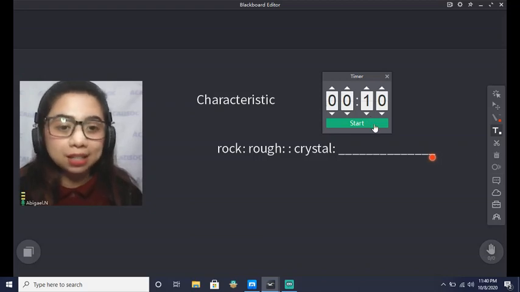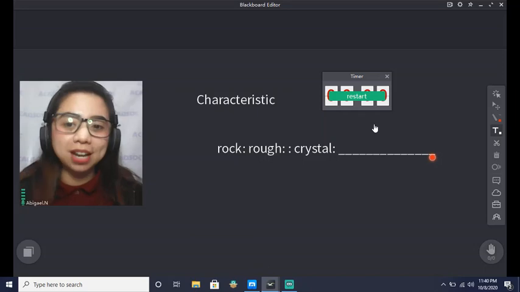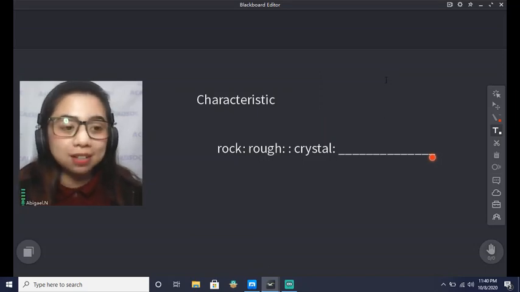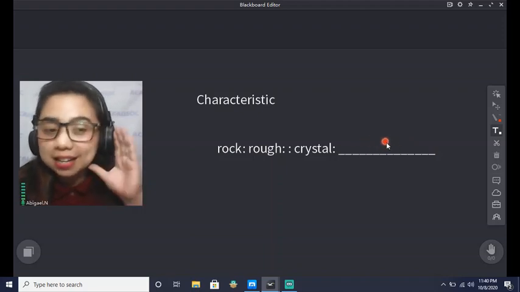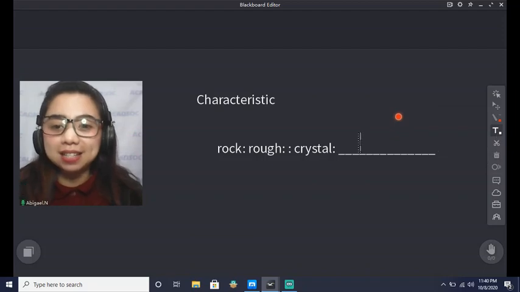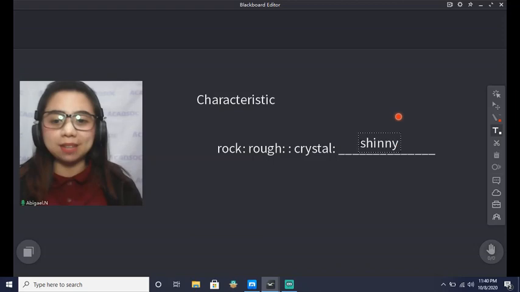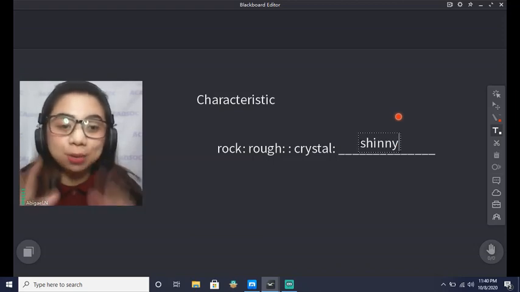Please complete this characteristic analogy. Okay, and we're done. I know that's a bit challenging for you. What do you think is the missing word? Yes, it's shiny. Shiny or bright.